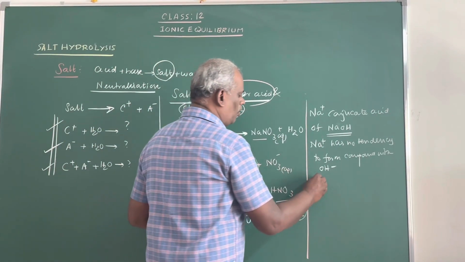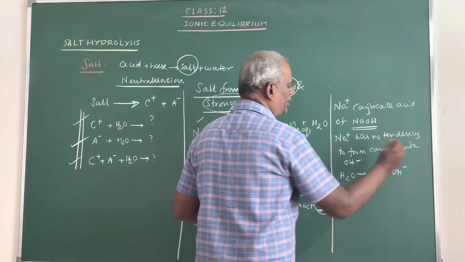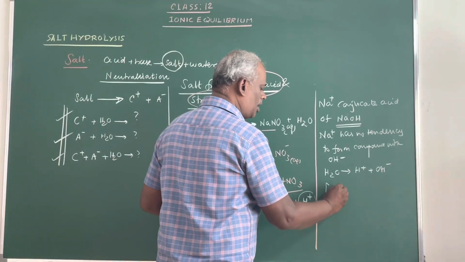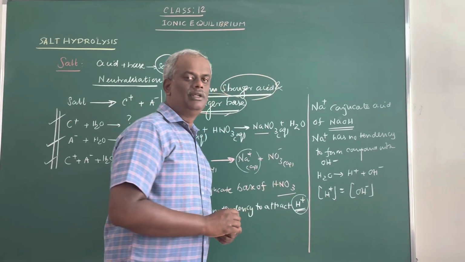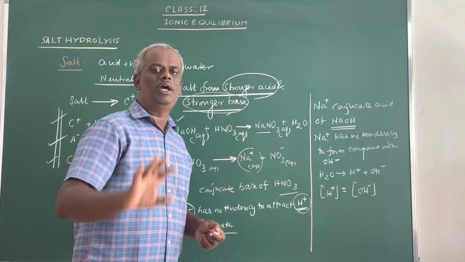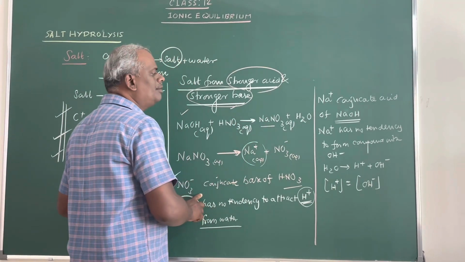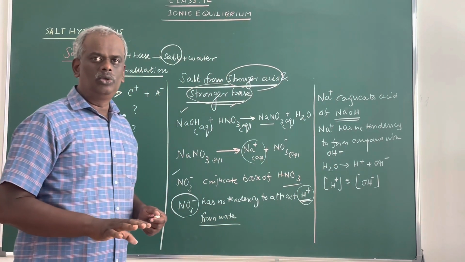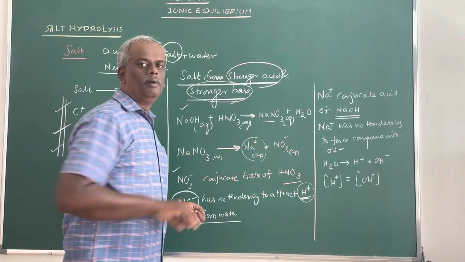And we know that once water is taken, it dissociates to form H+ and OH-. So the concentration of hydrogen ion is exactly equal to the concentration of hydroxide ion in this particular case. There is no variation of H+ and OH-, because H+ is not attracted by NO3- and OH- is not attracted by Na+. So there is no variation in the concentration of both H+ and OH-.